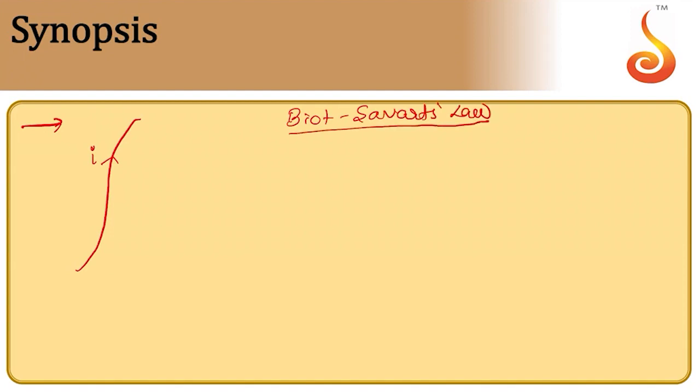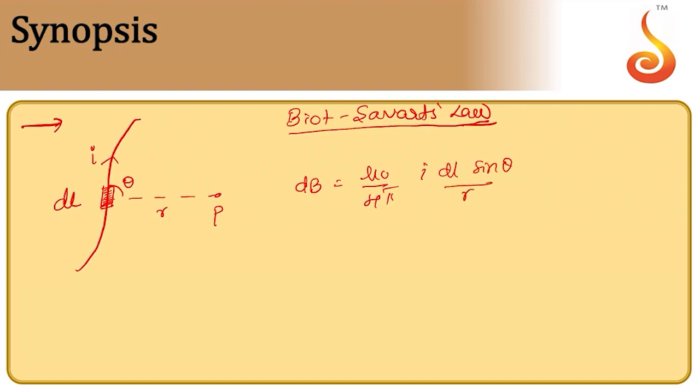According to Biot-Savart's law, which deals basically with the magnetic field produced by a small element of a current carrying conductor, suppose we consider a current carrying part whose length is dl and assume that the point is at a distance r, theta being the angle between these two vectors, then the magnetic field at this point is given by mu naught by 4 pi I dl sin theta divided by r square.